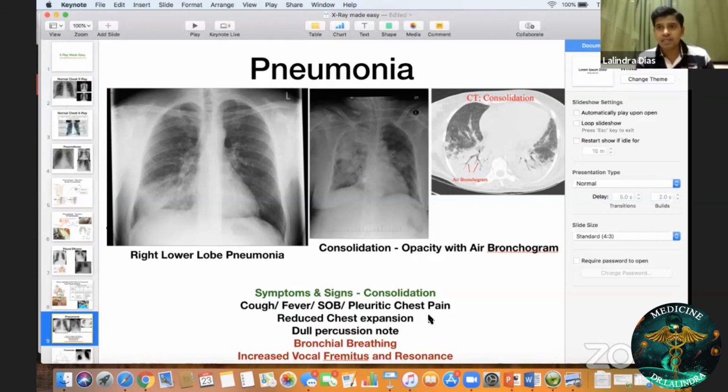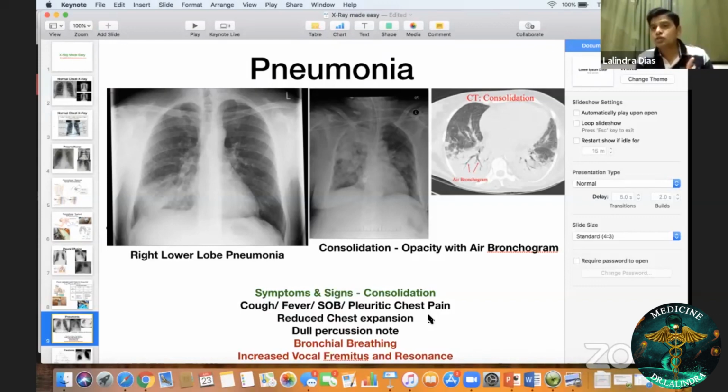Some people might say my sputum is blood-stained. What pneumonia brings out blood-stained sputum? Streptococcus pneumonia. Guys, this is a single best answer question. Streptococcus pneumonia can produce blood-stained sputum like hemoptysis. Remember that, very important.